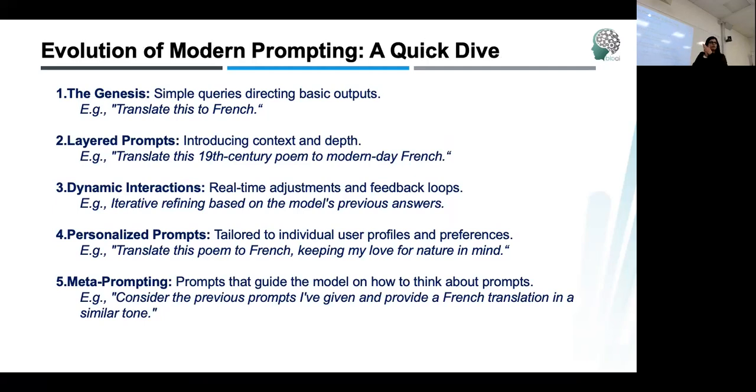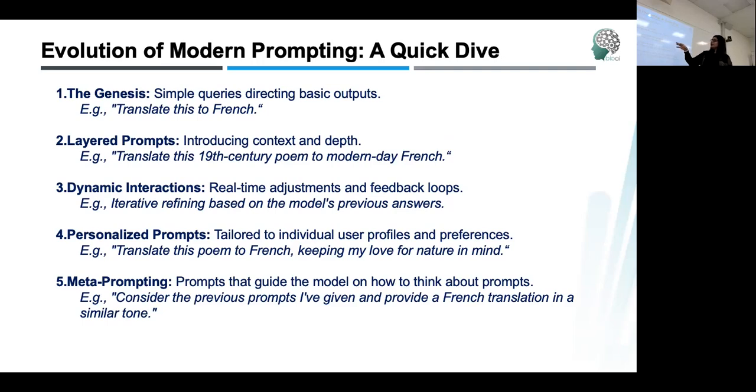There was some basic prompting, the question and answer, then they came up with the idea of introducing context and depth into prompting. Then dynamic interactions evolved, where they use real-time adjustment and feedback in the loop. So it started from basic, then the context was given, and then some real-time adjustments came into the picture.